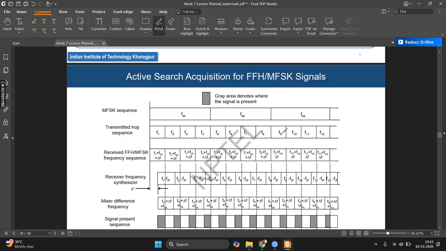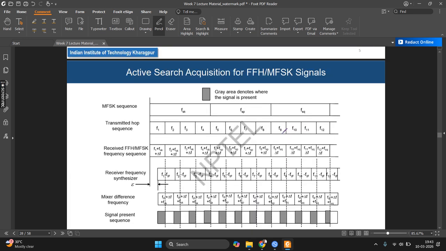Now this is a timing diagram for the PN sequence acquisition. So there is FSK, FSP, FSQ. These are the tones of MFSK, and because it is fast frequency hopping, each tone is hopping across multiple frequencies: F1, F2, F3, F4, then F5, F6, F7, F8, like that.